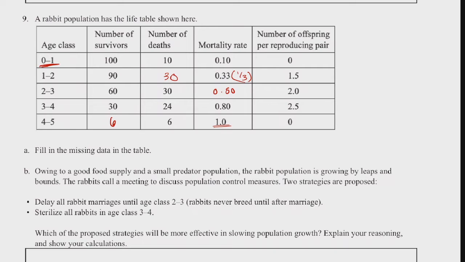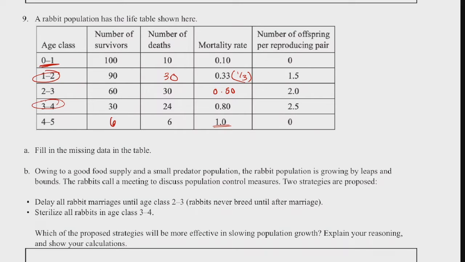So during years 1 to 2, they will add about 67.5 rabbits to the population. So when this same cohort reaches the 3 to 4 up here, it will have 30 rabbits or 15 pairs that will produce an average of 2.5.